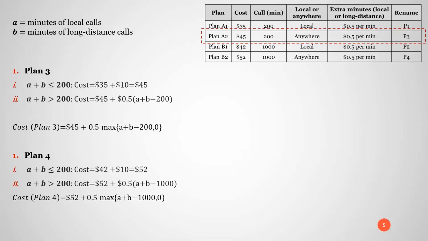If we violate this limit, the extra cost of 50 cents for contacting anywhere will be added to the cost function. Now, based on these explanations, we can get the final cost for plan 3 based on A and B. So very simple. For plan 4, the procedure is the same as plan 3.